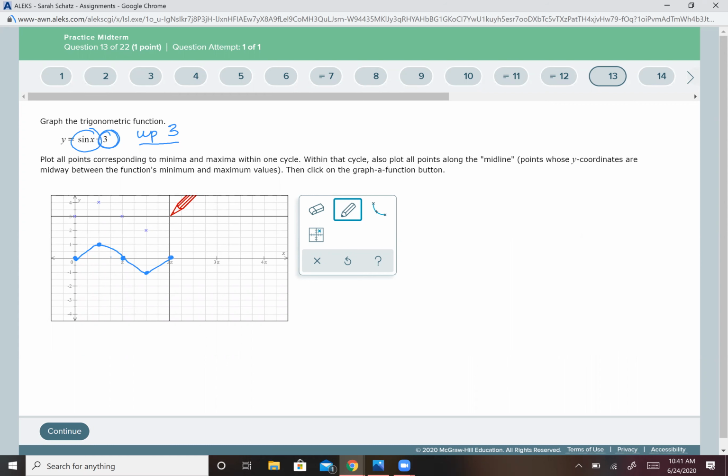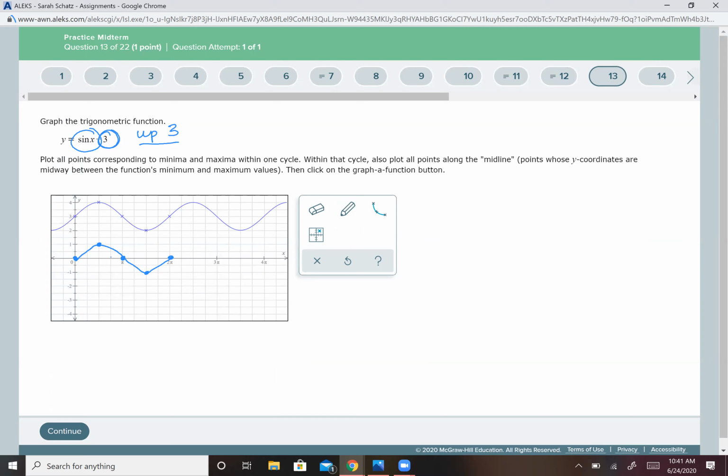And then 2 pi, back to 3. And let's graph that. Oh, it didn't catch my last point, so let's get that in there. Okay. So yeah, you can see normal sine here. All I did was pick it up and move it up 3.